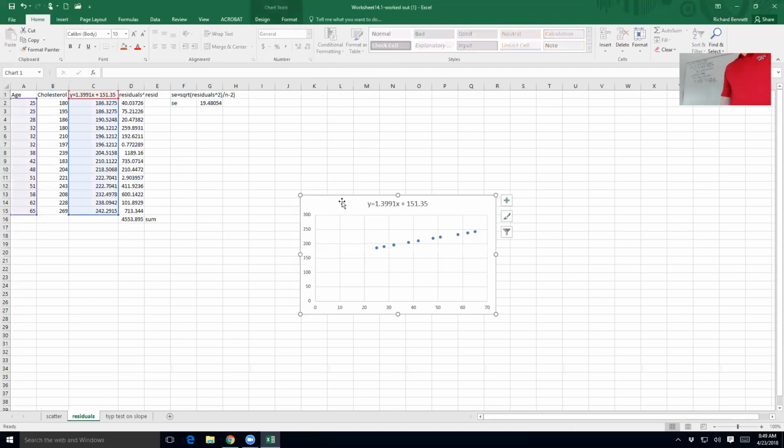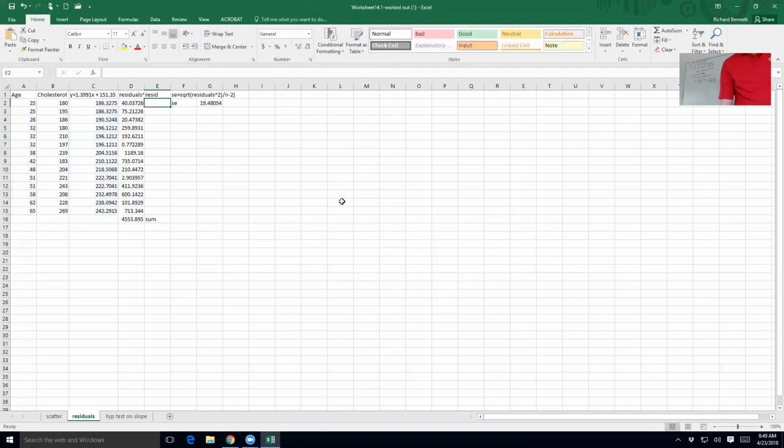Okay, so if you got that as a residual plot, what would you say to yourself? I did something wrong. That looks like a straight line. You shouldn't get anything like that. The residual is going to be the observed minus the predicted. We're going to copy that down. Now we're going to do this versus this.